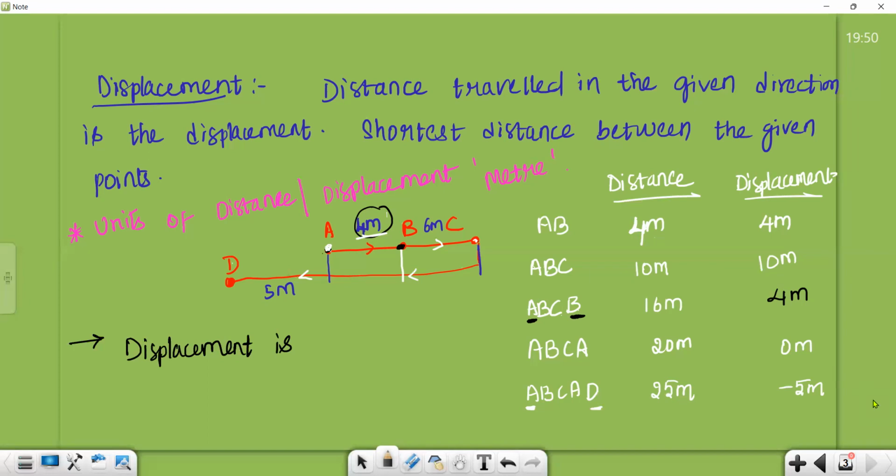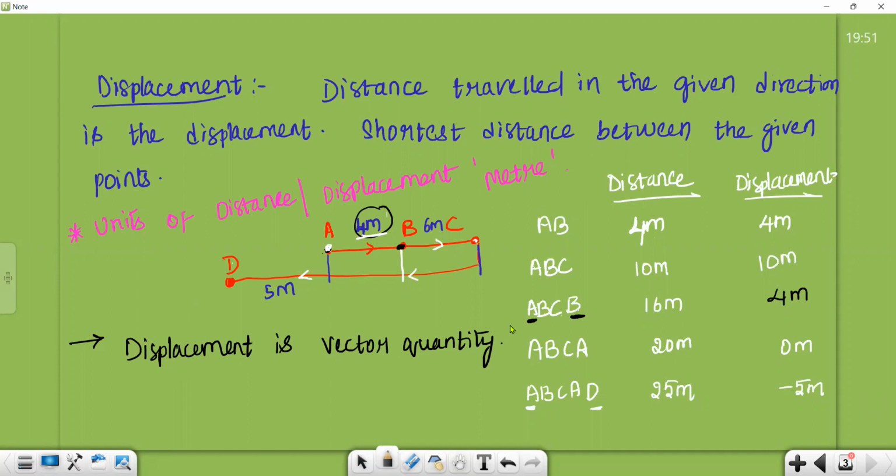Ma'am, which does not depend on direction is scalar, and which depends on direction is vector. Does displacement depend on direction or not? Yes, ma'am. It depends on the shortest distance. So displacement is which quantity, students? Vector quantity. Distance is scalar and displacement is vector.